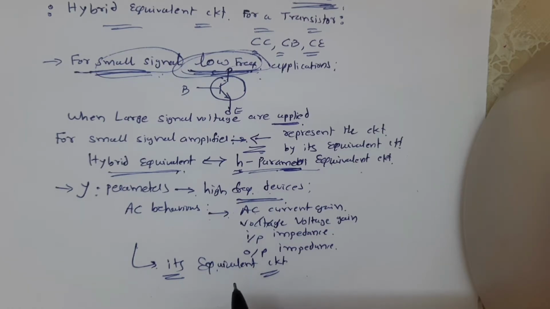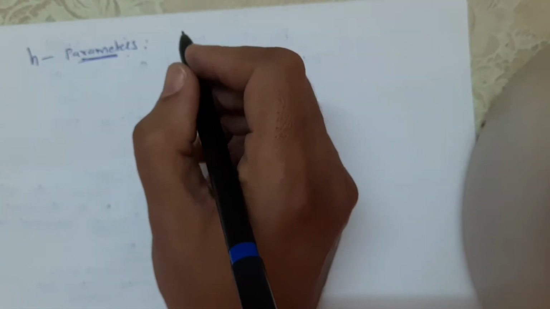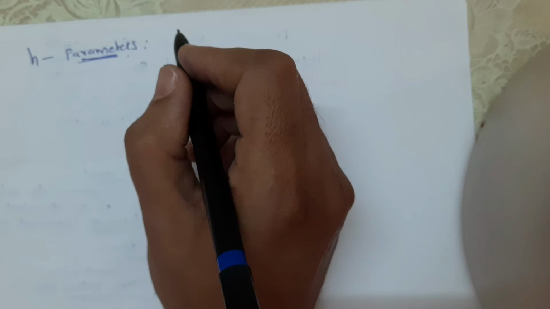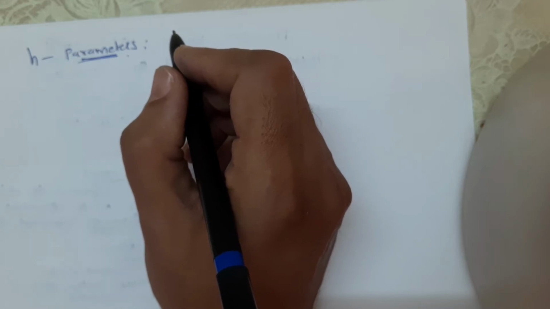Now the H parameter. What is the H parameter? Hybrid parameters. Any linear complex electrical network, whether active or passive, can be represented by a four terminal network or black box having four terminals.